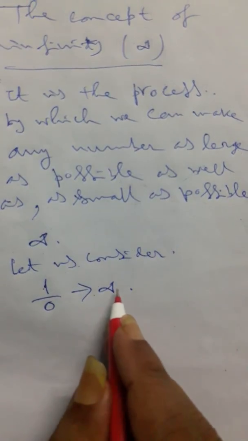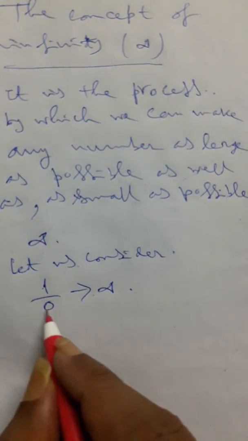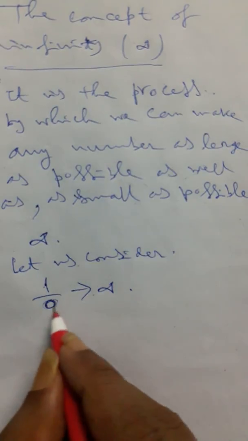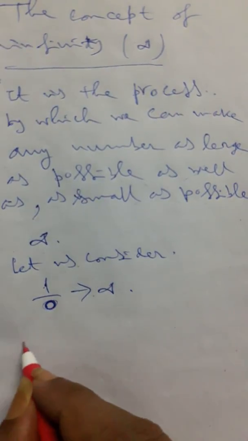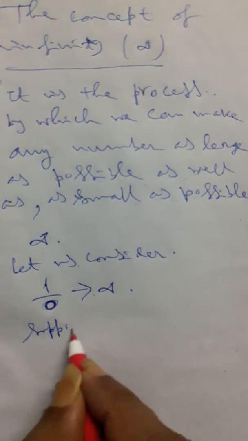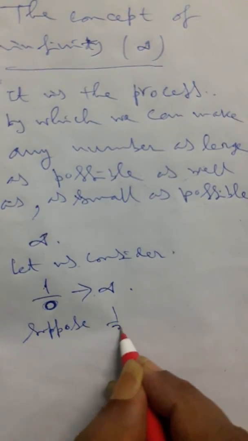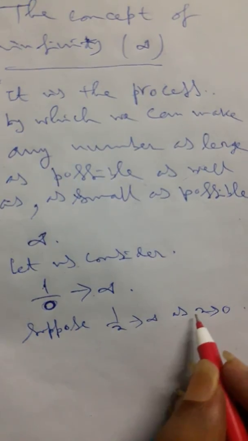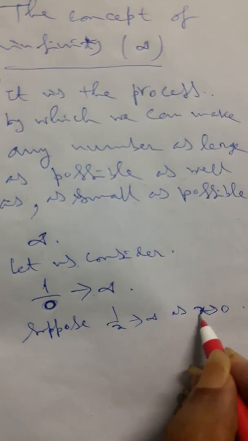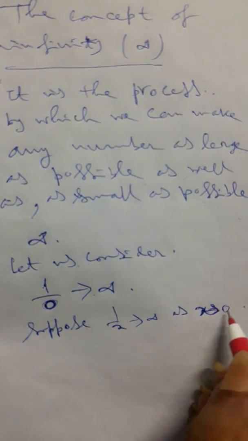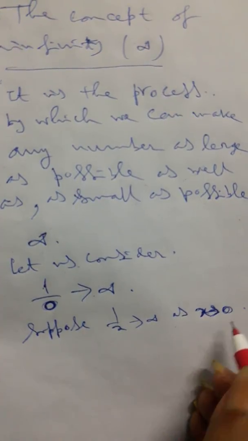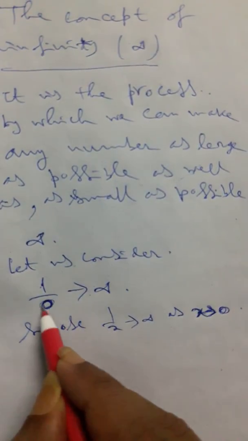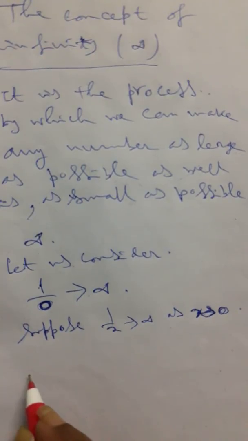Why do these things happen? But if we consider 0 as, suppose, 1 by x tends to infinity as x tends to 0, that means x is a very small quantity, and this small quantity is as small as possible.